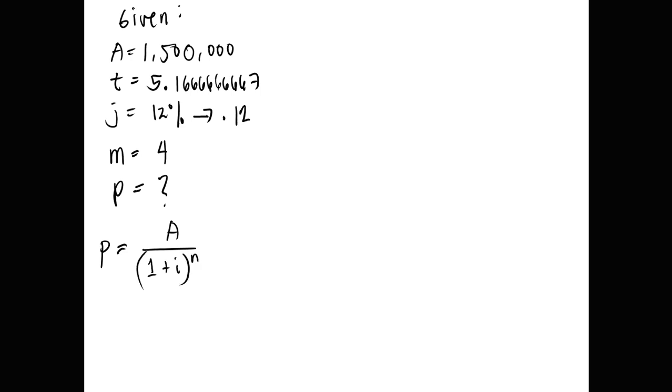Okay. So, again, in the given formula po, we have I and N. So, we need to solve for I and N. So, formula for I, J divided by M. Our J is 0.12. Divide by our M is 4. So, 0.12 divided by 4, that is 0.03.